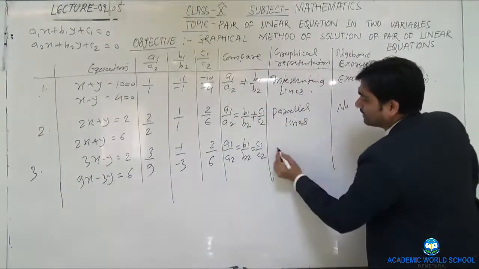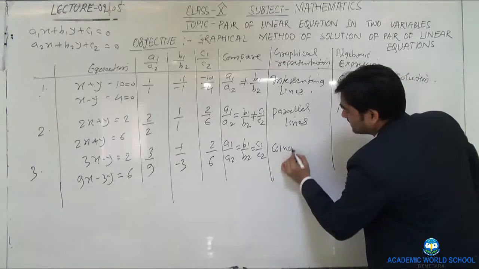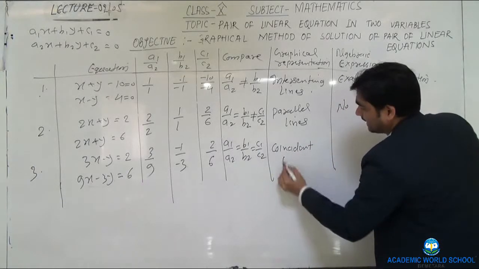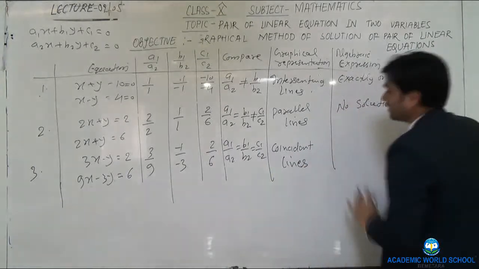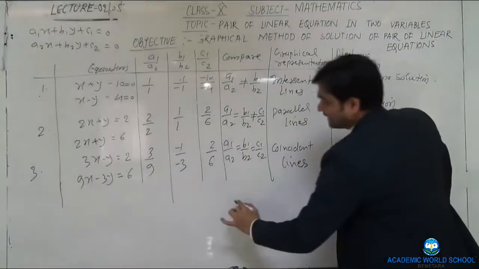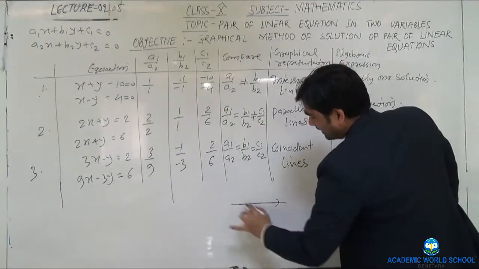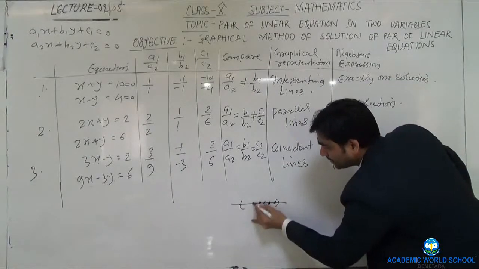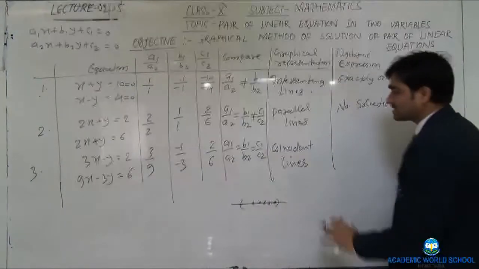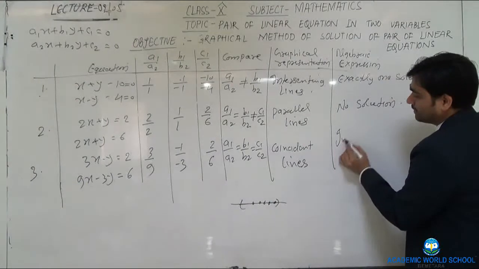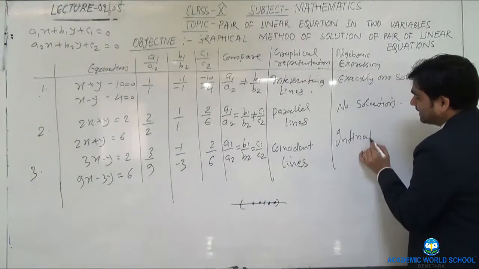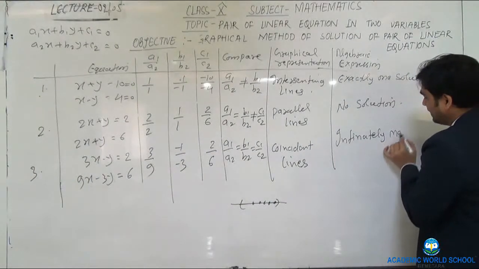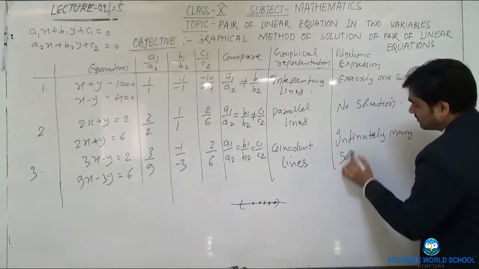When the lines are coincident, each point overlaps the second line's point, so each point will be a solution. That means how many solutions can we find? Infinitely many solutions.